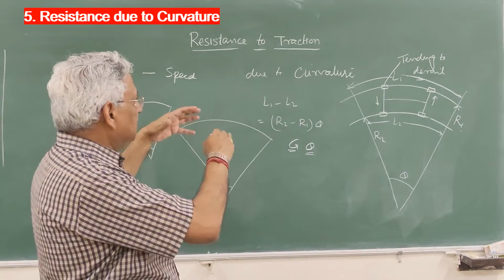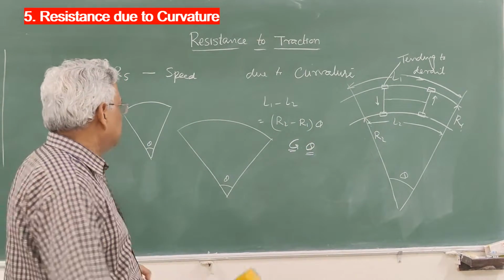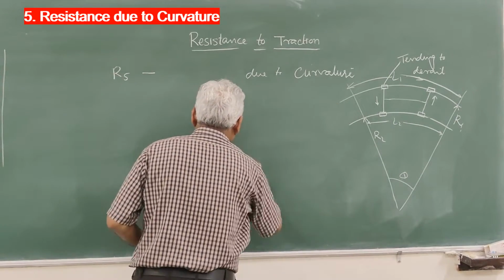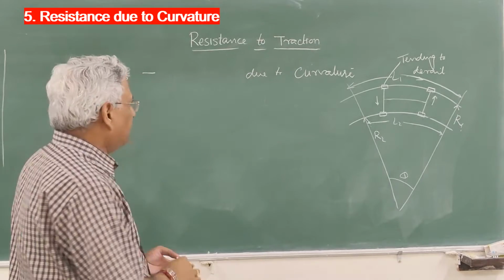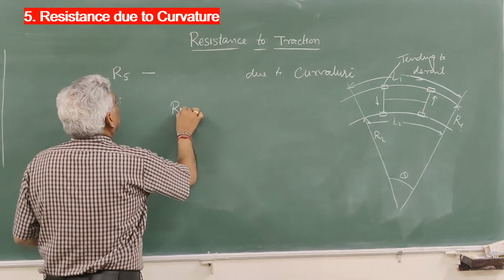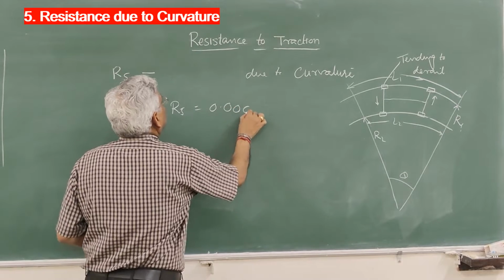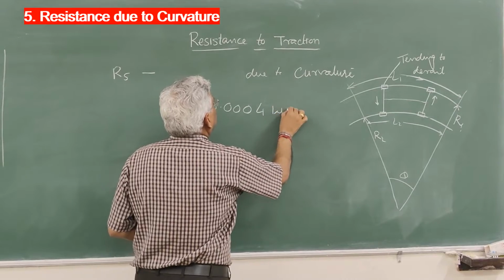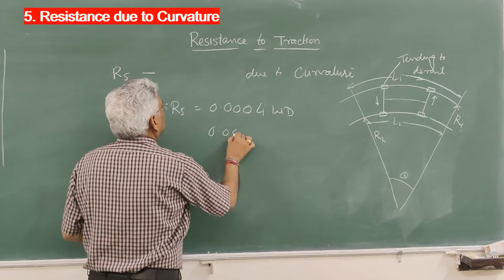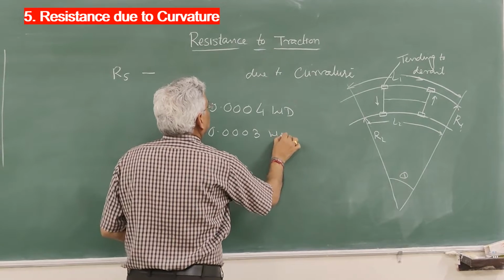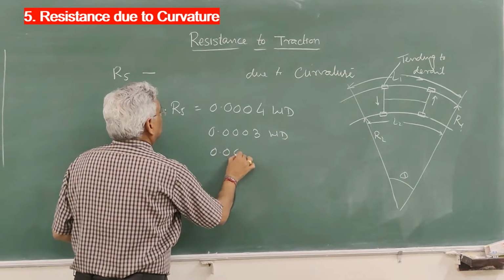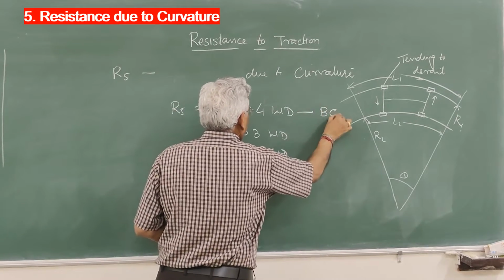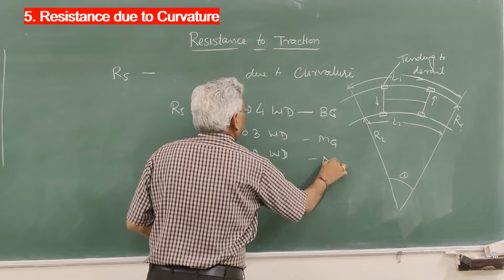And because of all these factors, the equation which is used to calculate resistance due to curvature is like this, that R5 is 0.0004 WD for broad gauge, 0.0003 WD for meter gauge, or 0.0002 WD for narrow gauge.